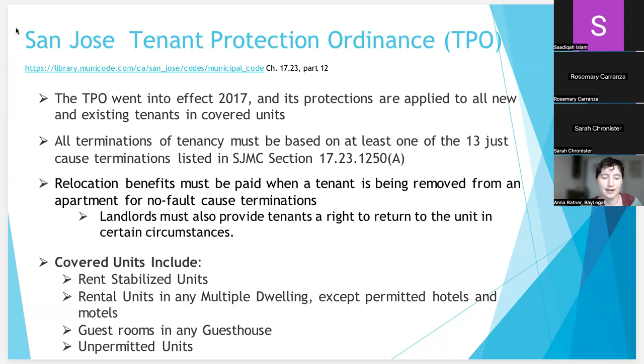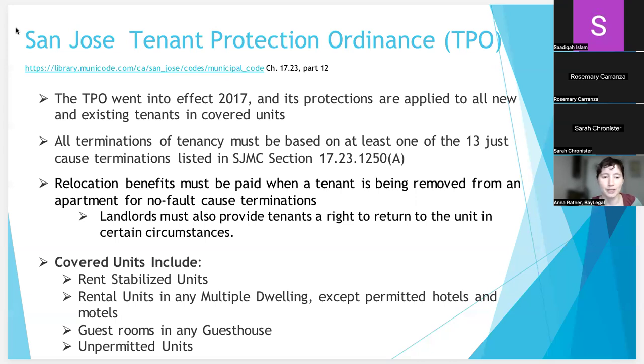The San Jose Tenant Protection Ordinance is very similar to the state's Tenant Protection Act. It has its own specific list of just cause terminations. Relocation benefits must be paid when a tenant is being removed from an apartment for no fault terminations. I think it amounts to a little bit more than the state act in terms of how much money tenants get for relocation.